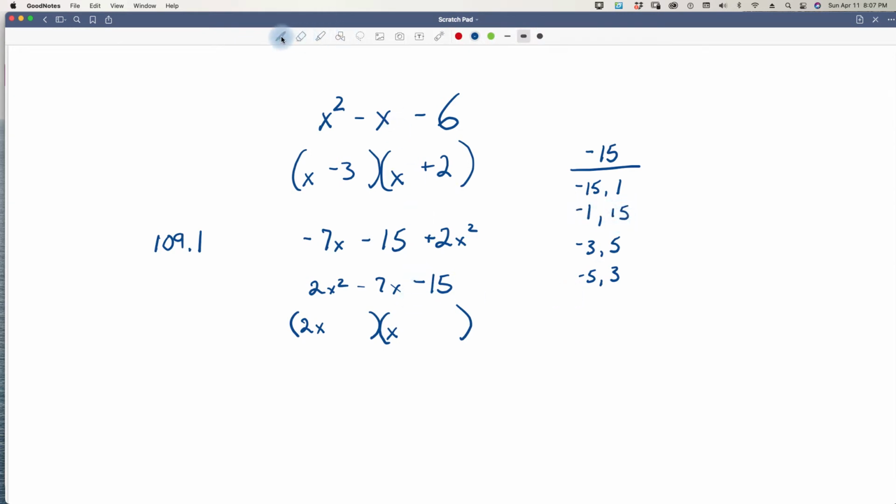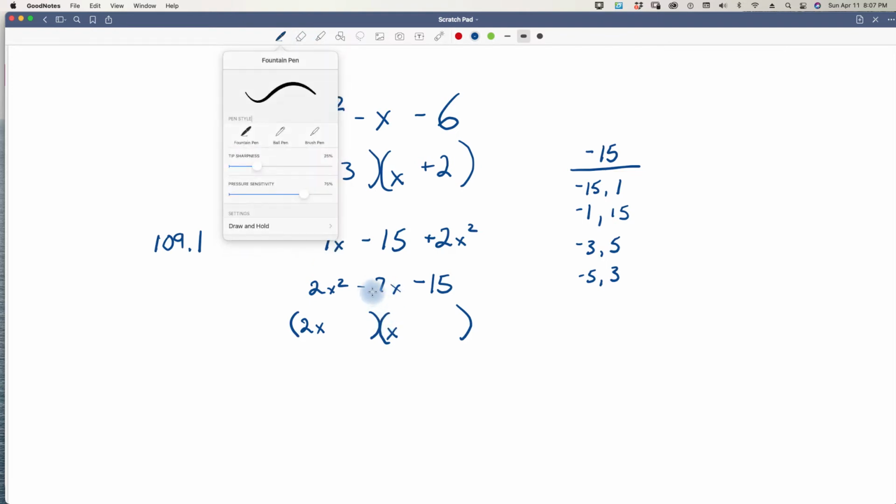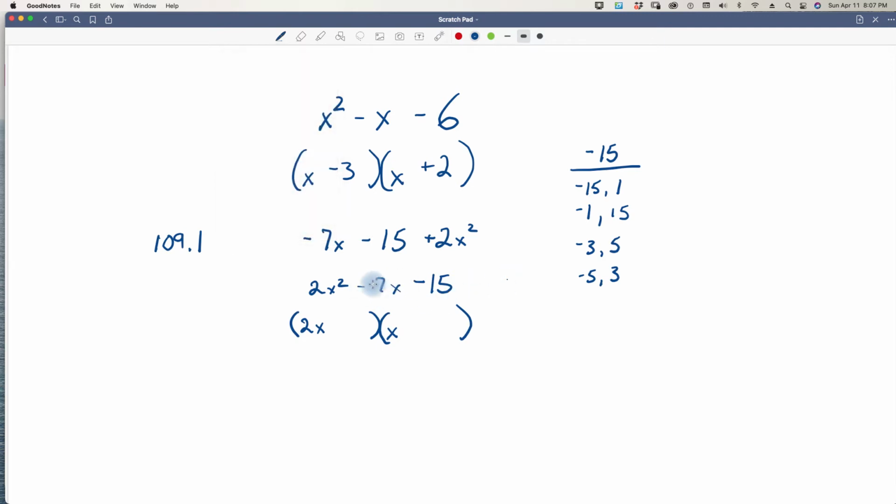All right, so from looking at this, it looks like the middle term is negative. So that tells me that probably the negative is the one that is doubled. That would be my best guess, but let's try it and see.